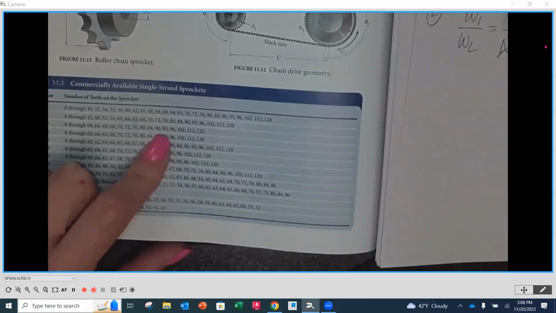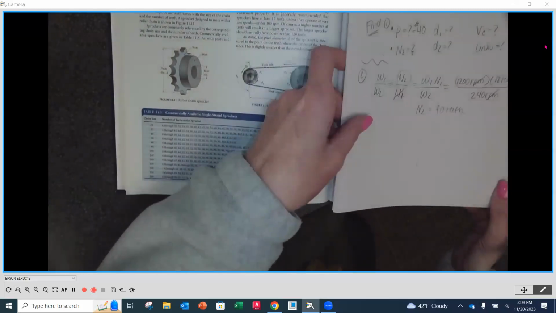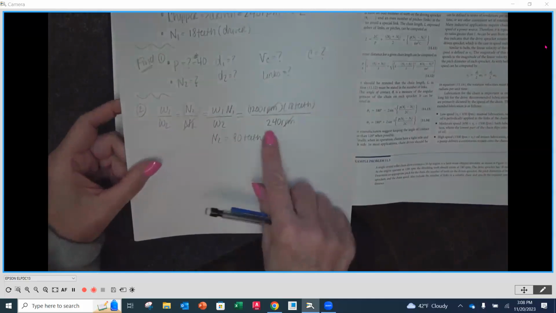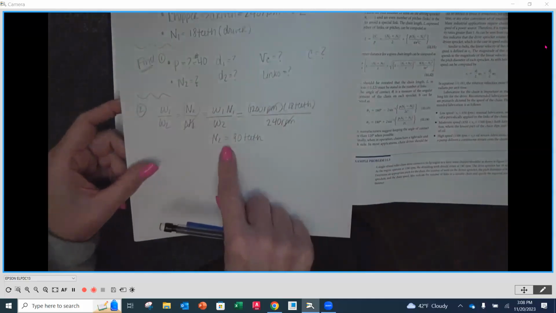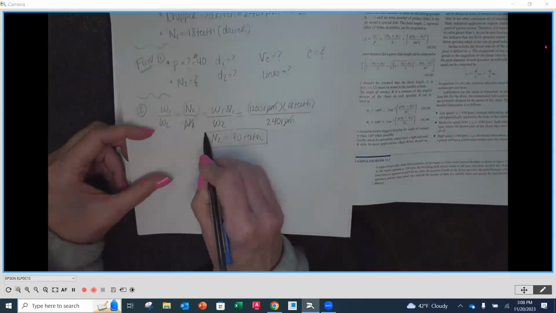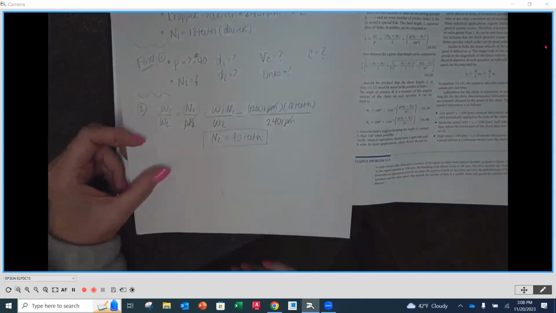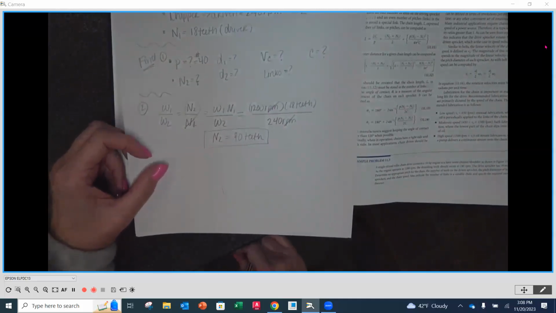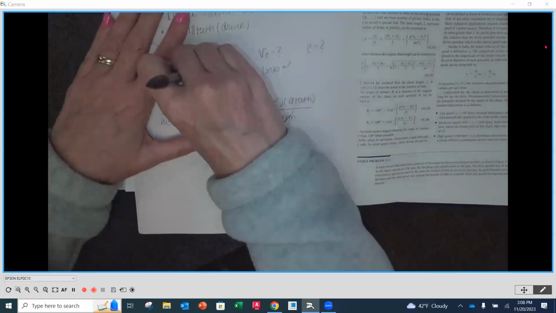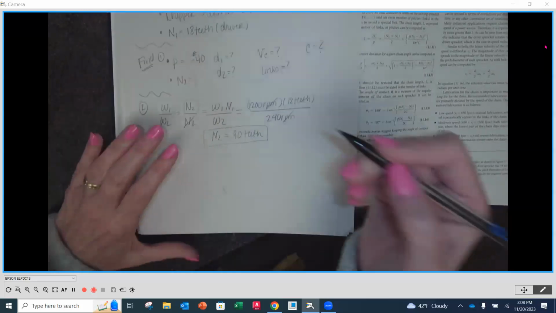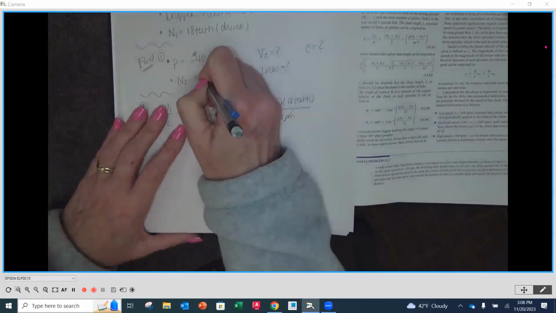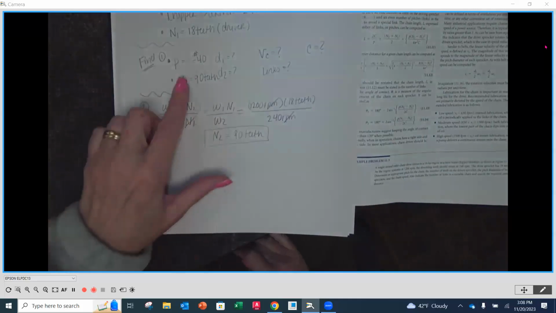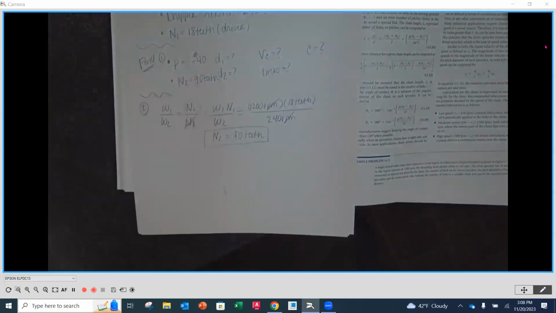And what it also means is since we have a rotational speed of 240 and we came up with exactly 90, we don't have to recalculate it, and it's going to be 1200 to 240, which is perfect. Doesn't always happen that way, as we saw in our belt drive. Okay, cool. So we can cross out our question mark, and we say, oh, we got 90 teeth on N2.